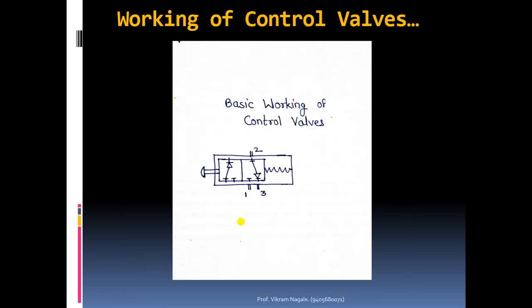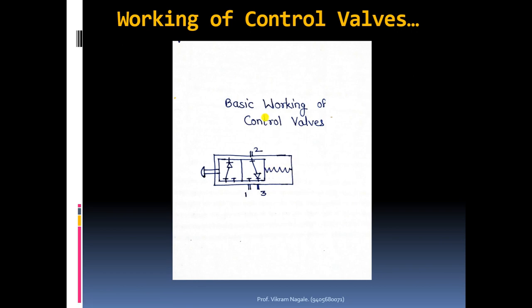So if you neglect this spring, we'll discuss the basic point again. Whenever we are releasing this push button, the spring is present on the right hand side of this block, and since that spring is under compression, it is applying pressure on the right hand side of the block.